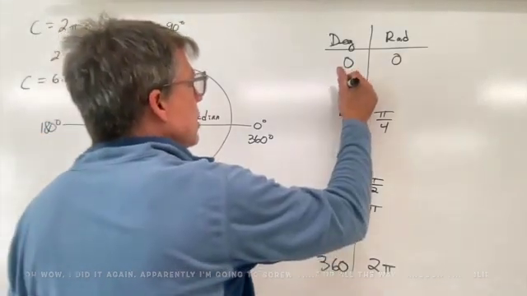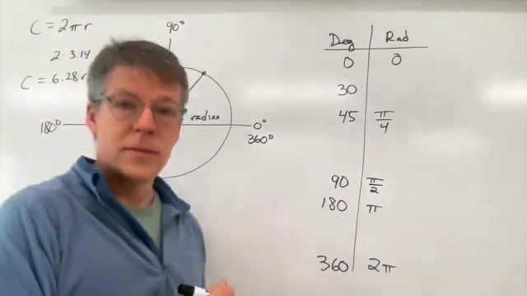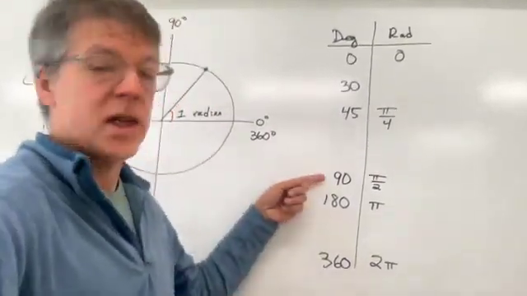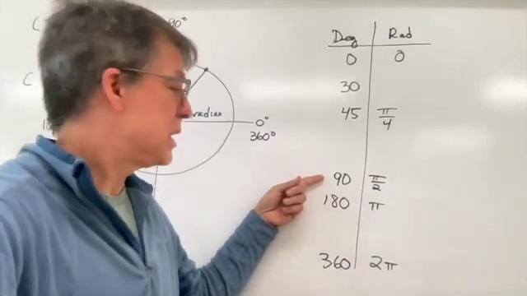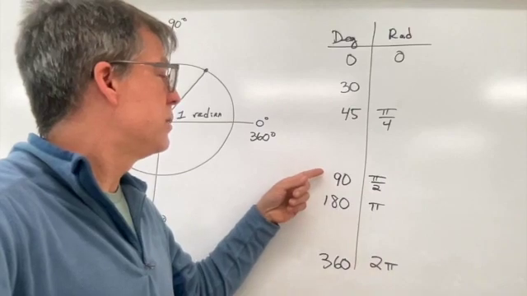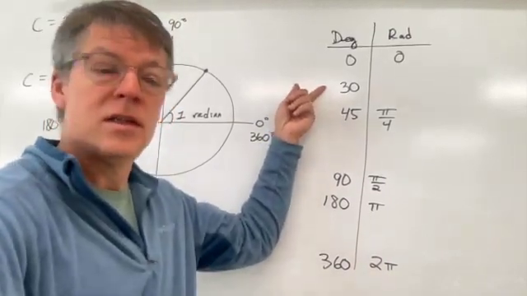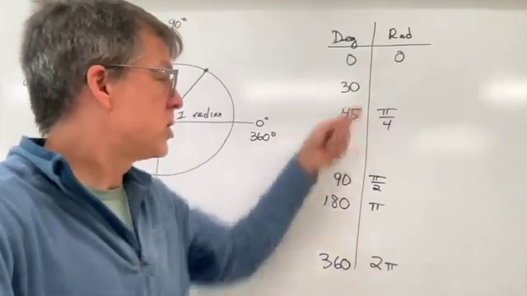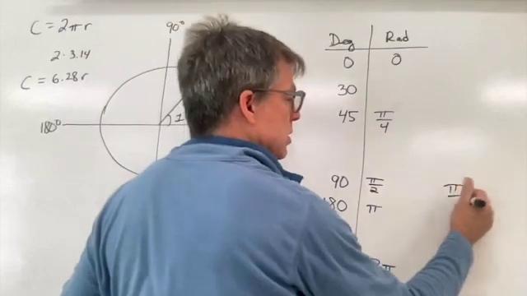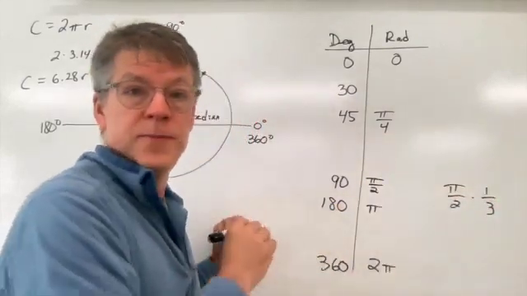So what do you think 30 degrees is in terms of radians? Well, you can just use proportions, because check it out. Do you know what 90 is? Yeah, 90 is pi over 2, right? And how do I go from 90 to 30? Isn't this just 1/3 of 90? So this answer here should be just 1/3 of this, right? So pi over 2, and you take 1/3 of it, I'm getting pi over 6.